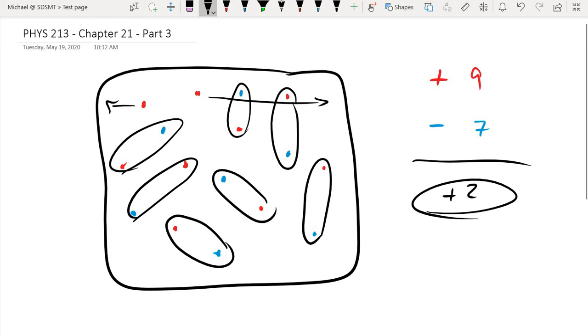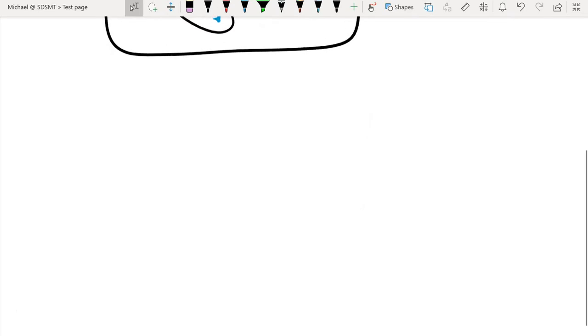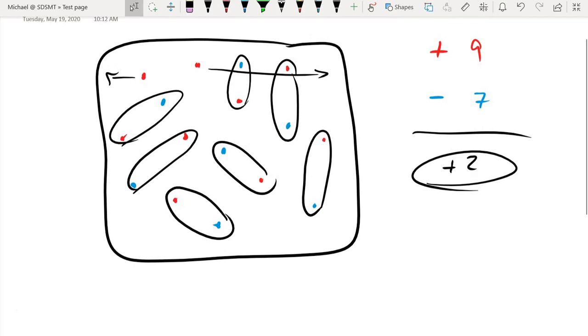Well, same thing is going to happen with these charged particles. If we have an excess amount of charge, that excess amount of charge means that that excess is either all positive or all negative. We can't really have an excess of null charge, and that's what's happening inside this diagram.